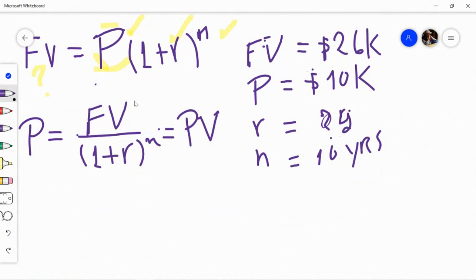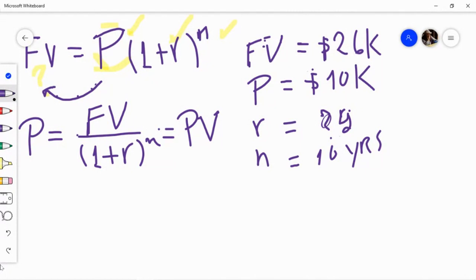Because you arrived at the future value from the present value simply by an even growth rate every year. That even growth rate is the interest rate. Every year is the same interest rate, compounded by the same interest rate.